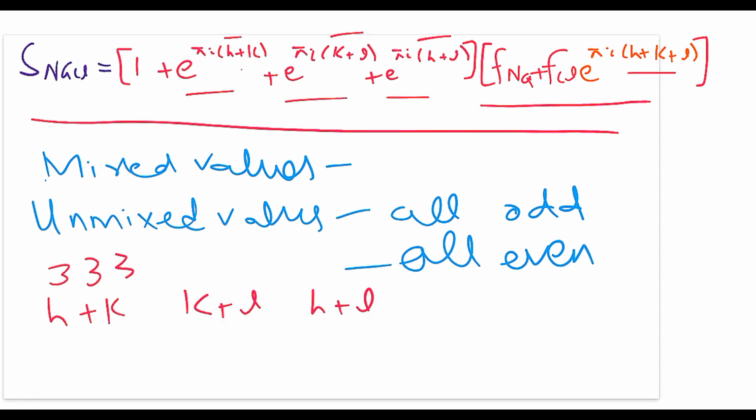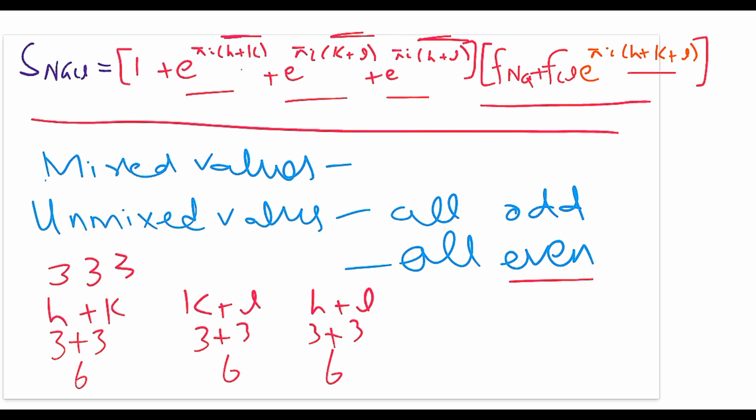If we find their sums, 3 plus 3 equals 6, 3 plus 3 equals 6, and 3 plus 3 equals 6. We can see that two odd numbers add up to give an even number, and even numbers add to give an even number.